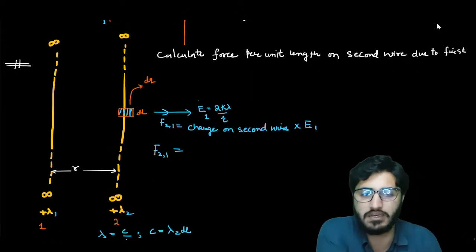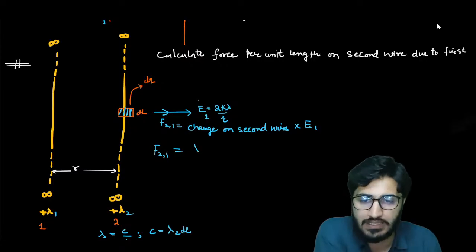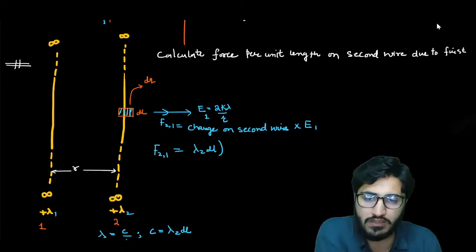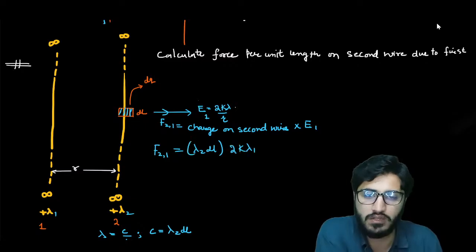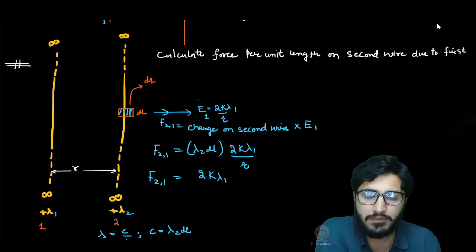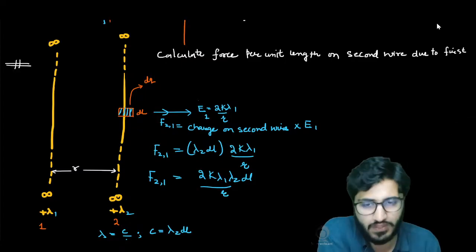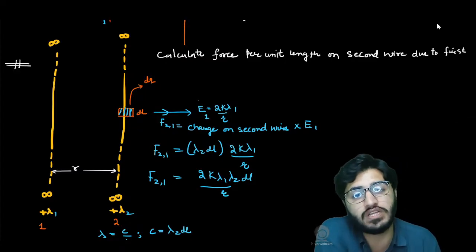So the charge on the second wire is λ2 dl. The electric field is 2kλ1/r. So the force on the second wire due to the first wire is 2kλ1λ2 dl divided by r. But we don't need to find the force now, we have to find force per unit length.